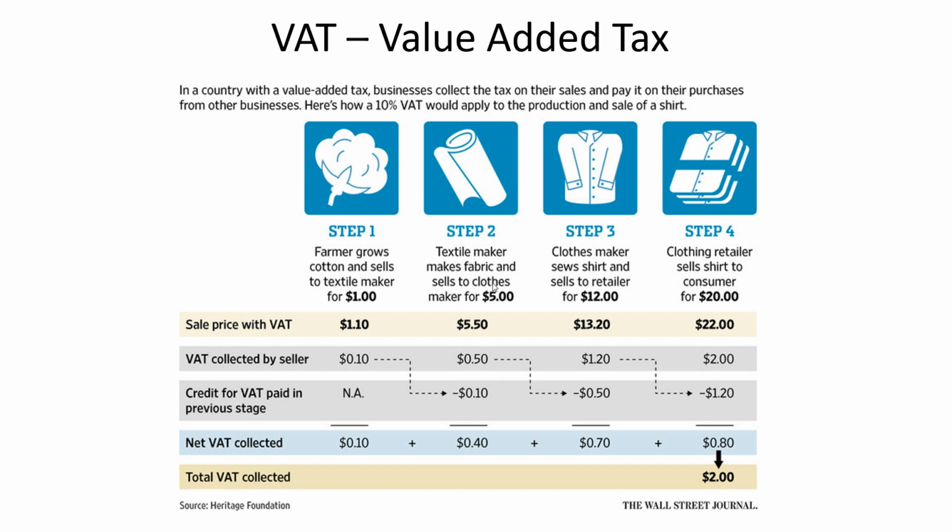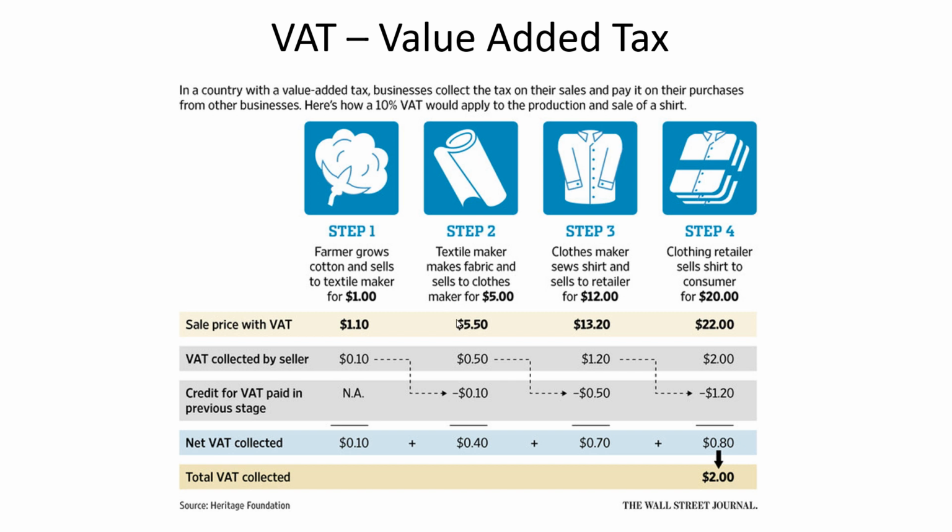So the textile maker bought this cotton for $1 and is going to sell their item for $5. When they sell it, they actually charge $5.50. So it's the amount that they're going to keep plus the 10% tax premium. What they're doing is they're going to reimburse themselves for the 10 cents that they paid in the purchase of the cotton, because the net price that they paid was $1.10 when they bought the cotton.